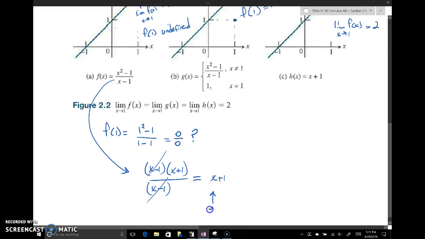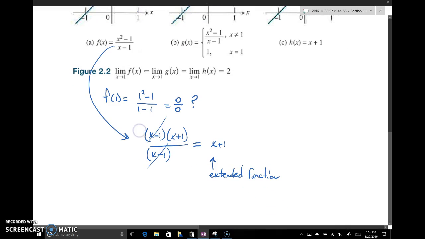So this is called an extended function because its domain is larger than we started with, okay? So that means that some of the answers we get from the extended function do not satisfy the original function before we did the simplification. We have to keep track of that. But in this case, the extended function can help us find the limit through substitution.